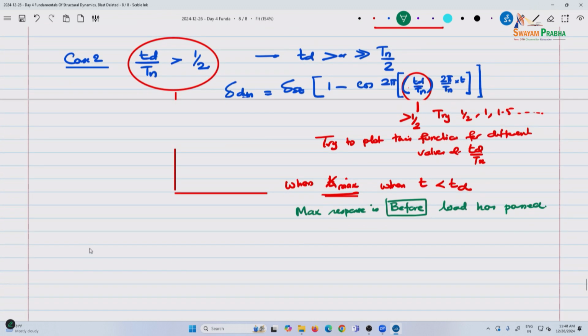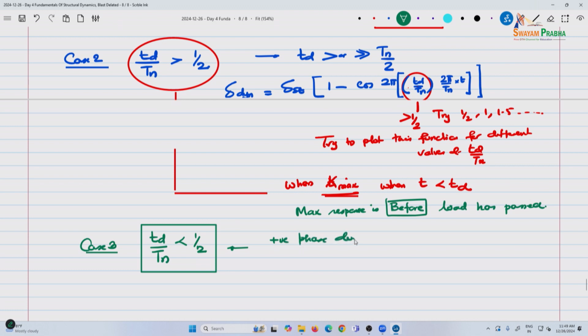Similarly, case 3 is Td by Tn less than half. This is similar to the positive phase duration being less than the time period.